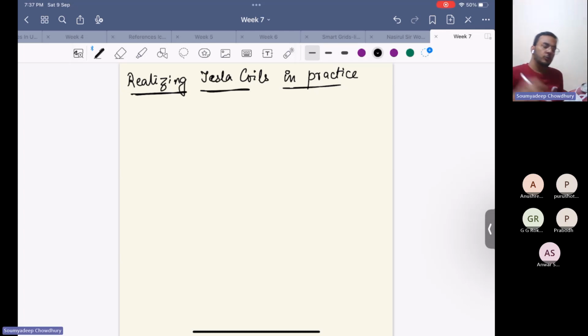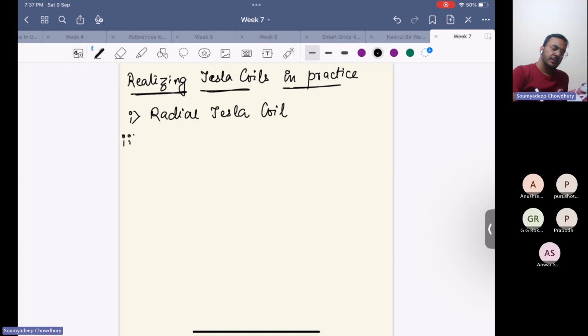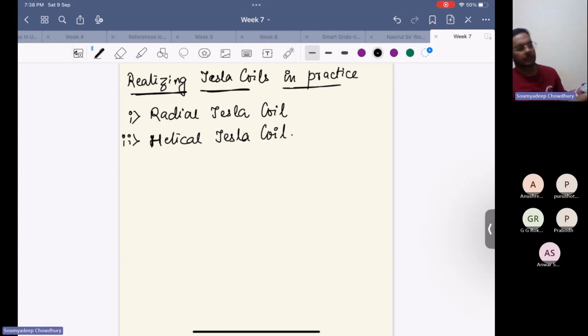So basically there are two types of Tesla coils. Number one is the radial Tesla coil, and the second one is known as the helical Tesla coil.